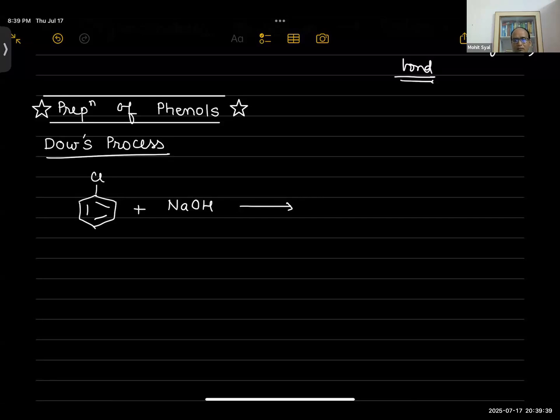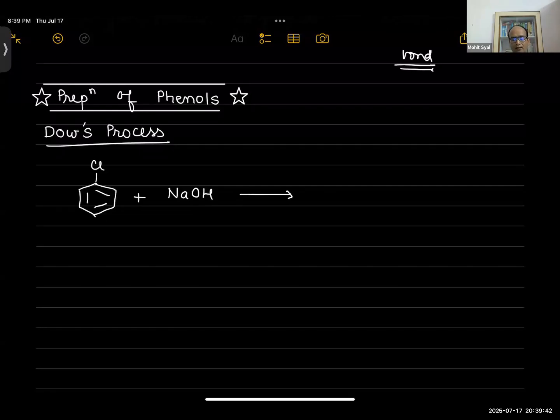Why? What is the reason? Marwa, Jaslin, can you tell me the reason why chlorobenzene is less reactive than normal chloroalkanes? Aisha, what is the reason behind the lower reactivity? Tell me quickly. Is it because of the resonance structure?